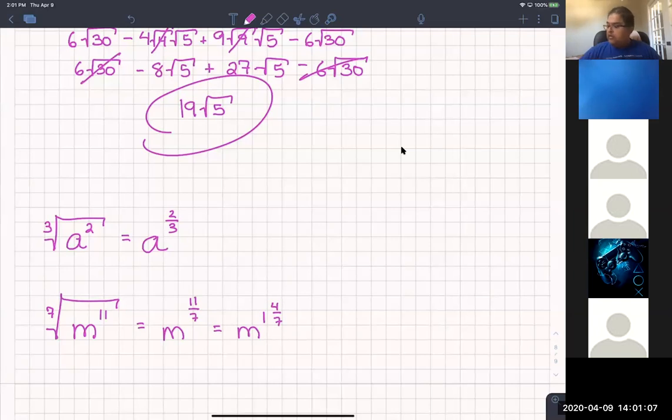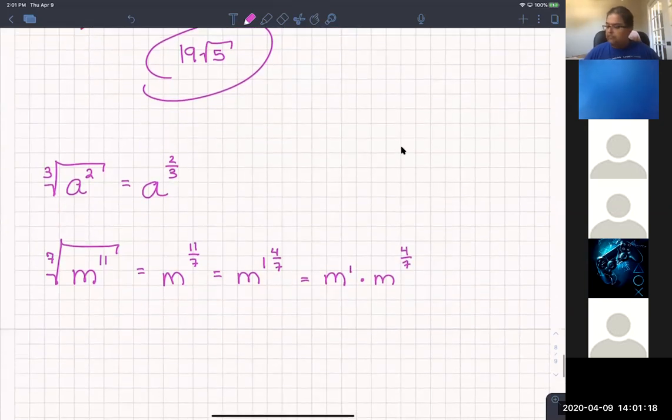Now, this is the same as m to the 1 times m to the 4/7. Would you add another 1 under that m to the 1 and multiply straight across? No, you're not multiplying straight across. You're trying to simplify this. So m to the 1 is m.